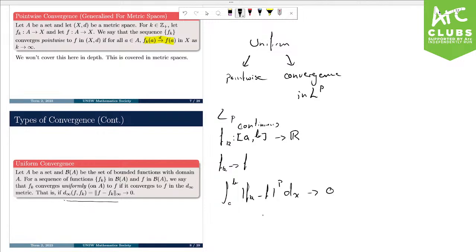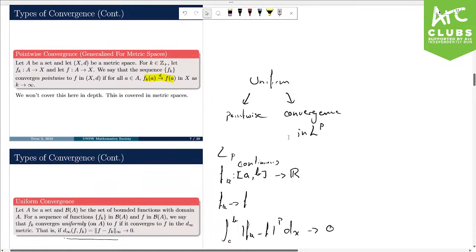So for the LP norms, we have a relationship between different LP norms. So if it converges in a larger power, so a larger p, then it also converges in a smaller p. So this is true if p is larger than q.